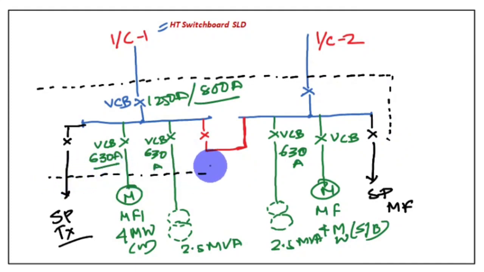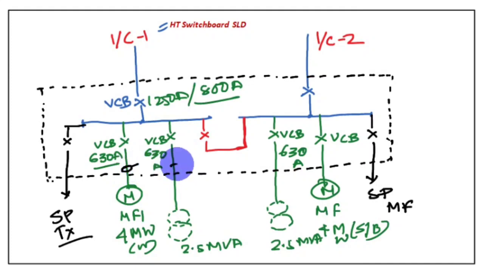I am not showing the metering and protection here because there isn't adequate space. I will make a separate video for that. And you can also consider, say suppose this is the motor feeder, so whatever motor protection I have shown in my previous video, you can consider those protections here also. For transformer protection, whatever metering and protection I have shown here, you will use this transformer protection.